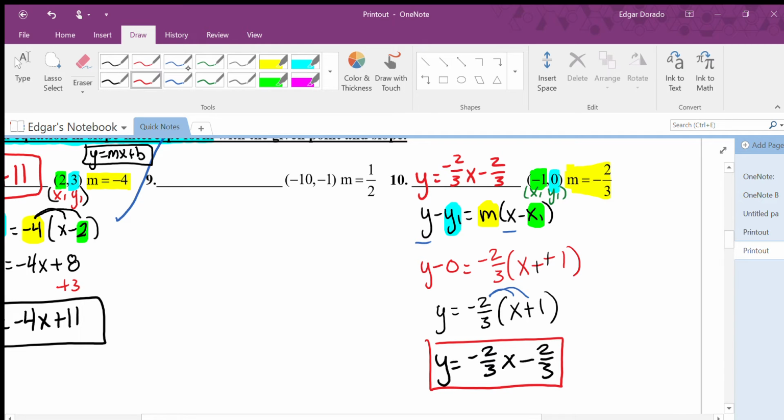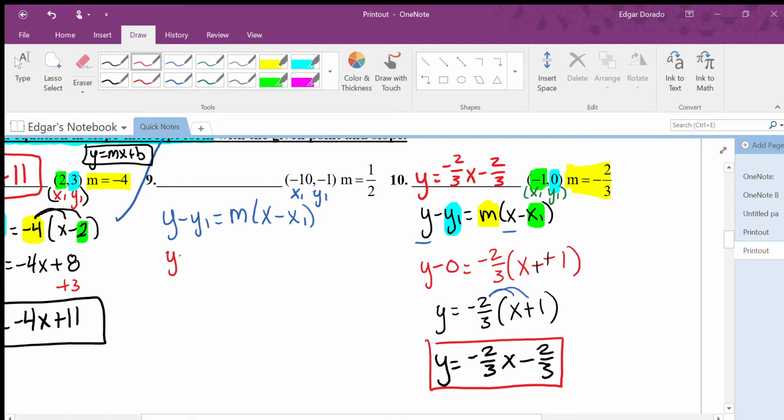All right, guys, so I'm going to run through this really quick. Again, you should have had a chance to try it out on your own. So I'm going to go ahead and call this x1, y1, and then I'm going to write it in y minus y1 equals m times x minus x1. So I'm just going to go straight to substituting all the values in.